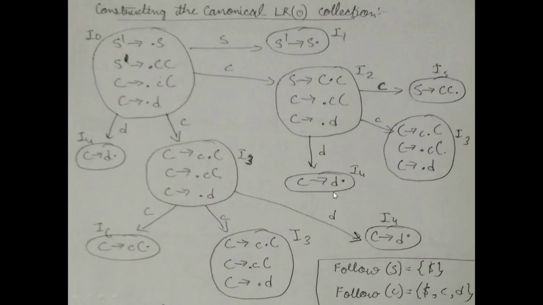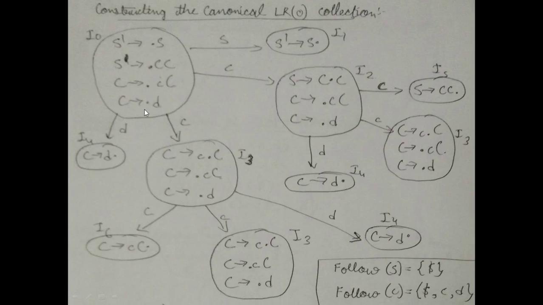So for this I4 we write the reduce operation because we have a final production in this state. Since it is the third production, we write R3 in all follow of capital C.